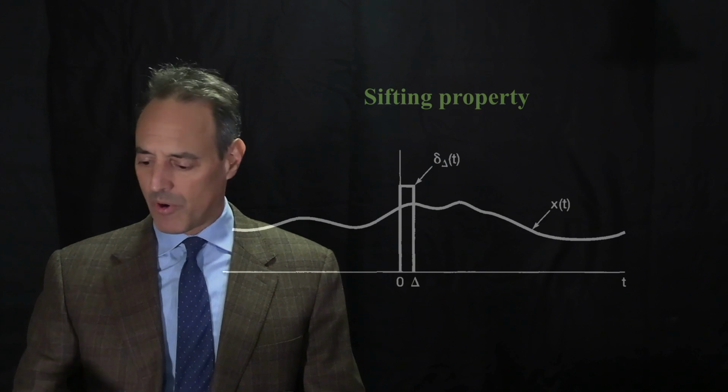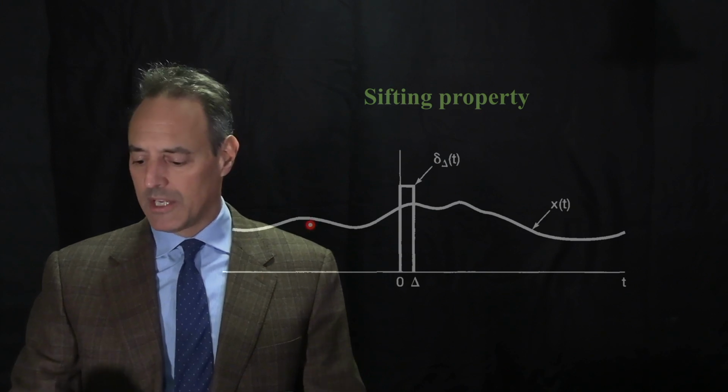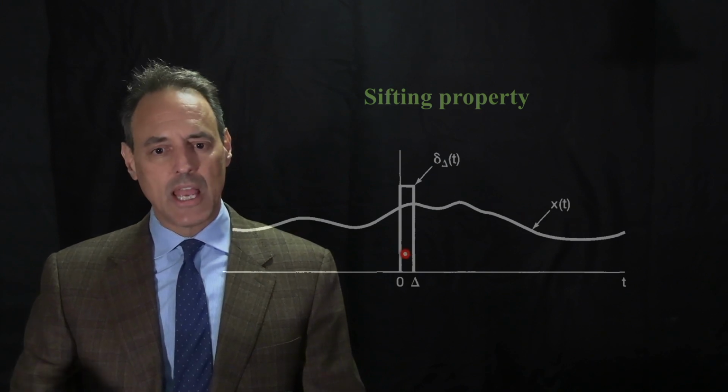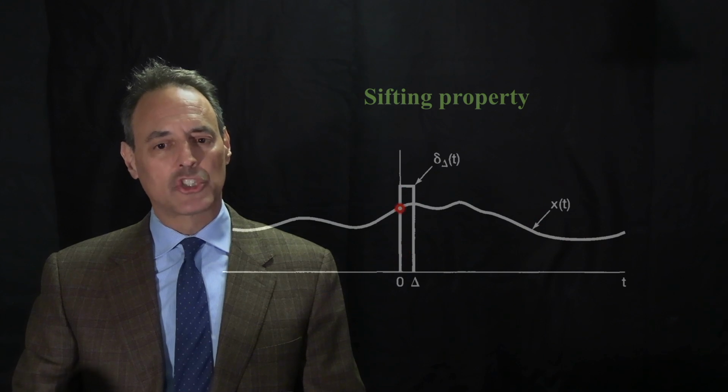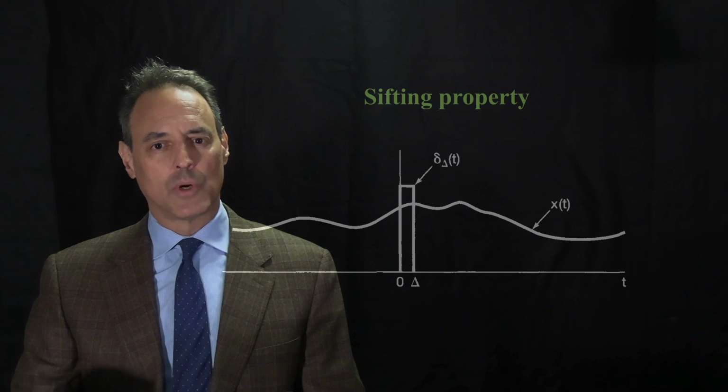And the sifting property, this is a pictorial of it. You essentially have some function, and when you kick it, you're extracting the value of that function just where you kicked it.